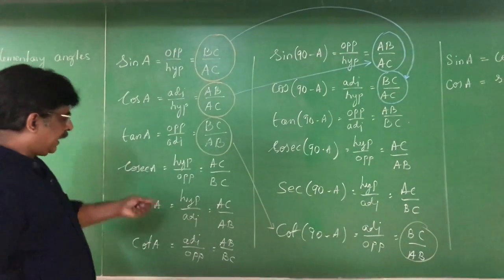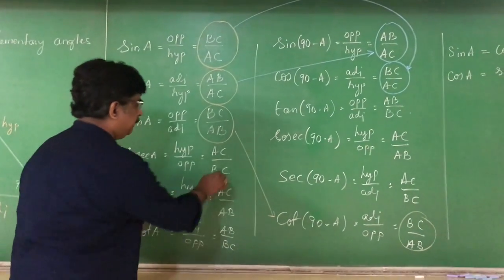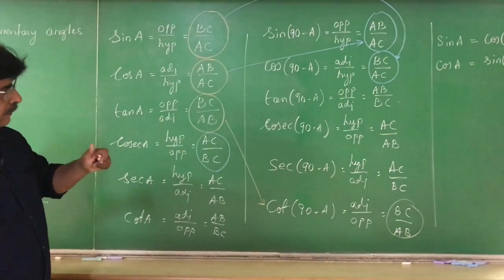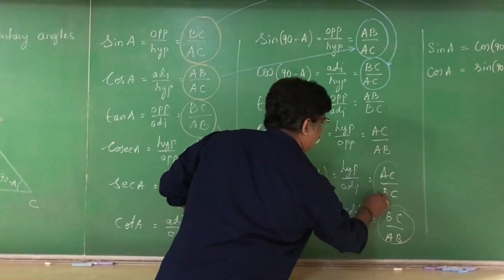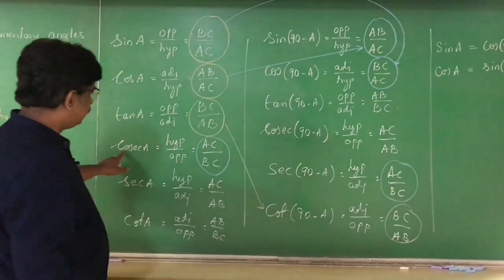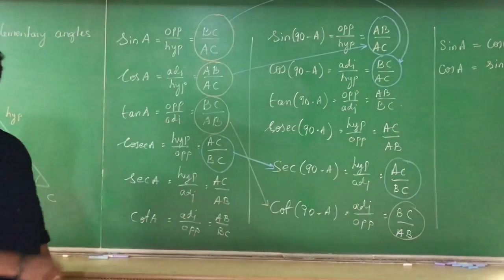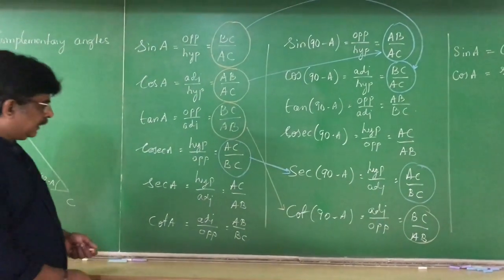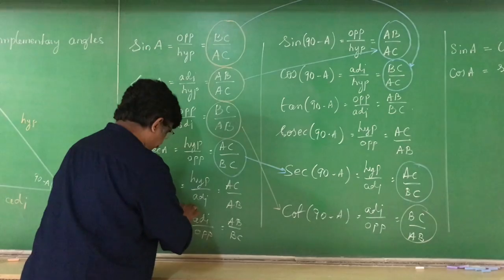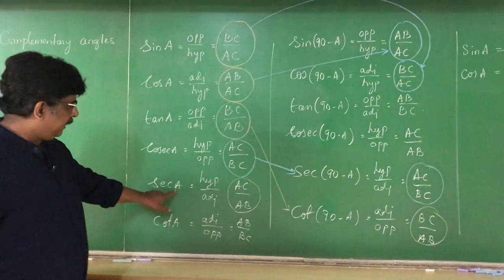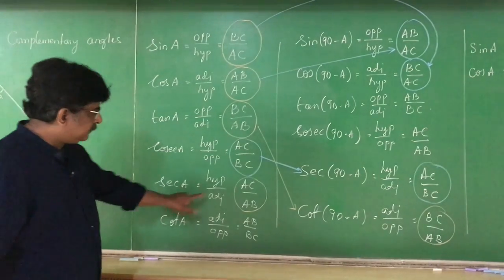Similarly, cosecant A is equal to AC by BC. Where is AC by BC? Here. Therefore, cosecant A is equal to secant 90 minus A. Similarly, AC by AB is equal to secant A. Where is AC by AB?